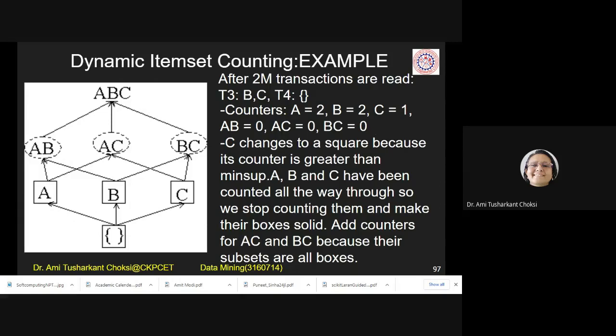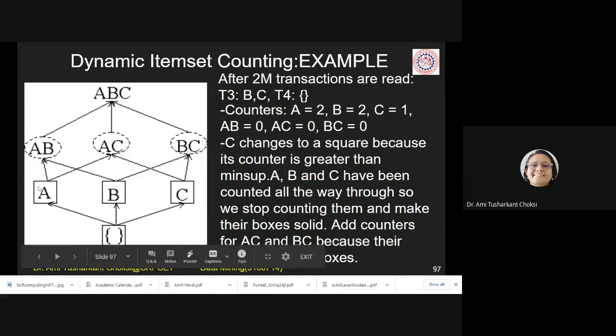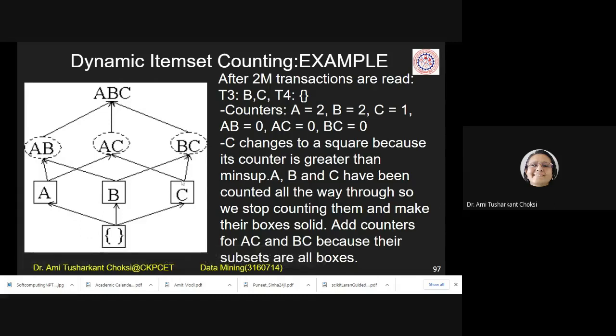Is it greater than minimum support? Obviously, because minimum support is 1 only. B is also greater than minimum support and A is also greater than minimum support, right? So they are now becoming confirmed frequent, and we are marking them as solid boxes or solid rectangles. Fine.